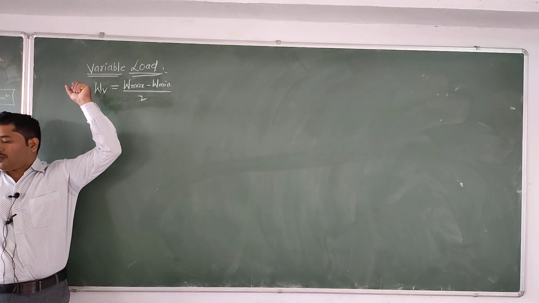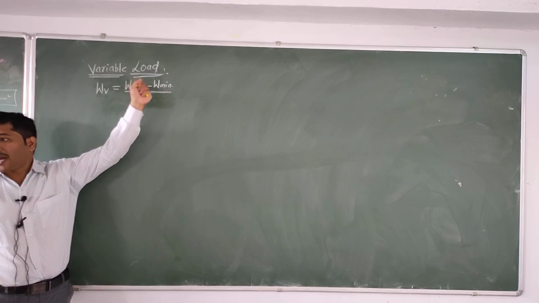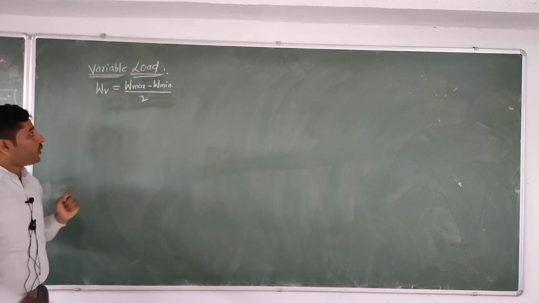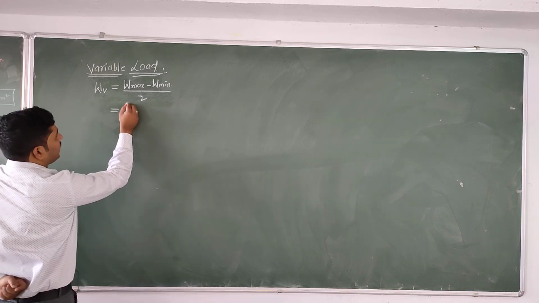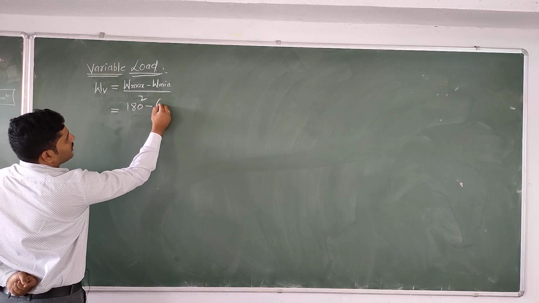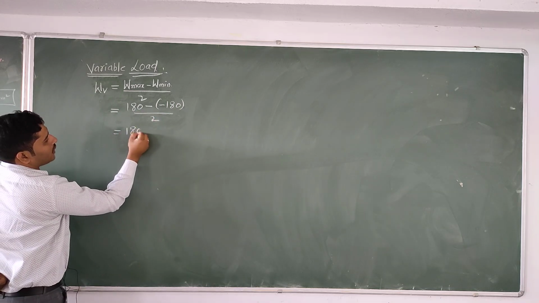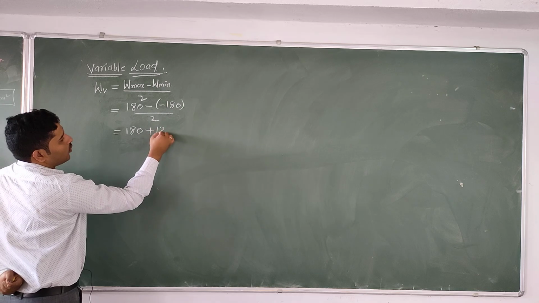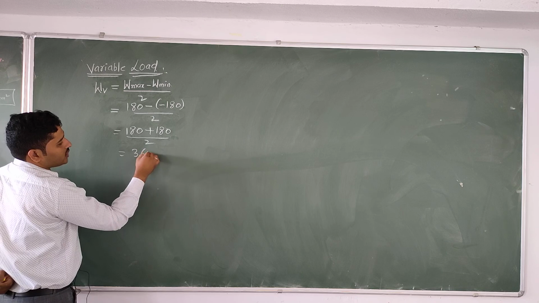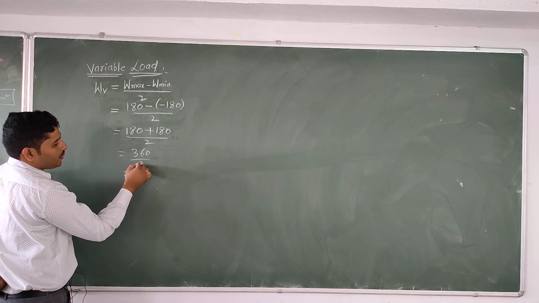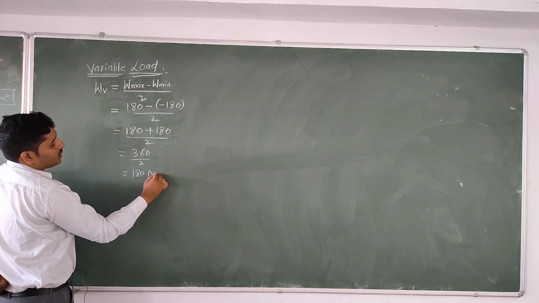For the variable load equal to the maximum load minus minimum load by 2. Okay dear, so here the maximum load, how much is given here? 180. The minimum load is minus 180 by 2. It should be how much? 180 minus into minus should be plus 180 by 2. It should be how much? 360. Okay, 360 by 2. It should be how much dear? 180. What unit will be there? The unit is Newton.